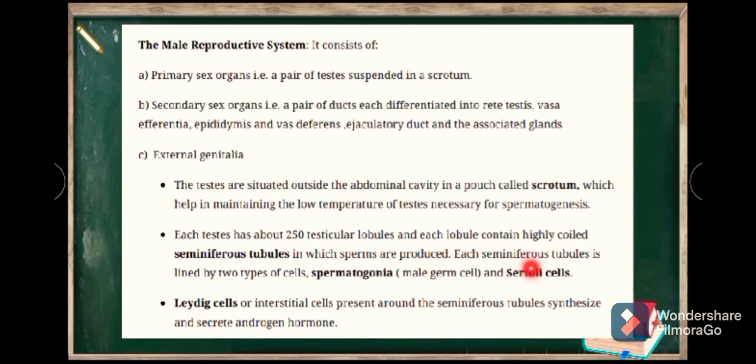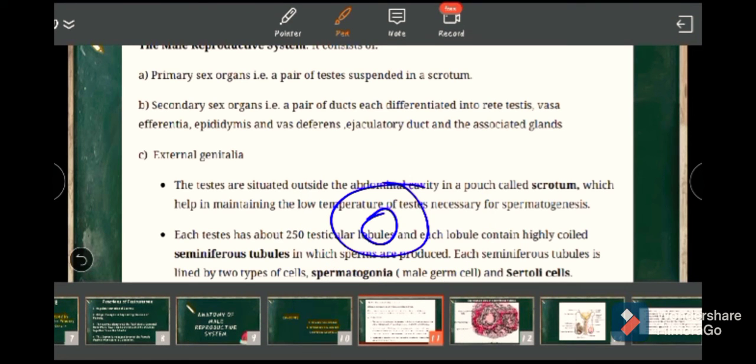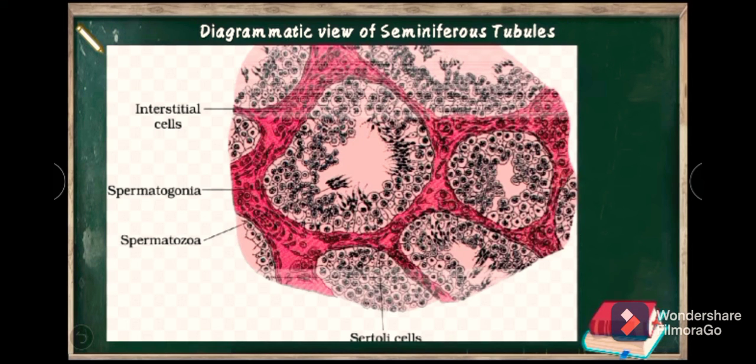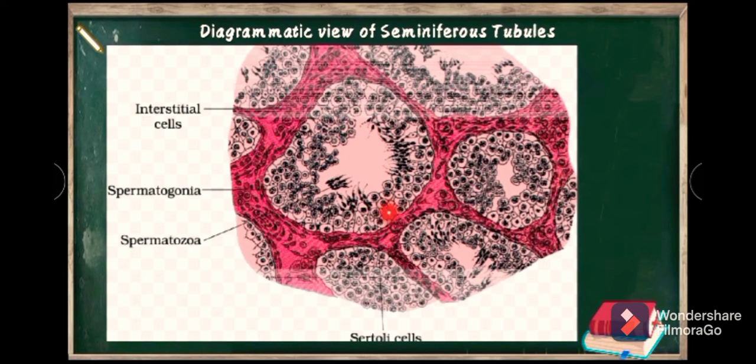Each seminiferous tubule is lined by two types of cells. Suppose this is one seminiferous tubule. Outside, there is a cellular lining of two types of cells, Sertoli cells and spermatogonia. If you see in this diagram, these are Sertoli cells, which are lining the seminiferous tubule. These cells are called spermatogonia, and they are going to produce spermatozoa later on.